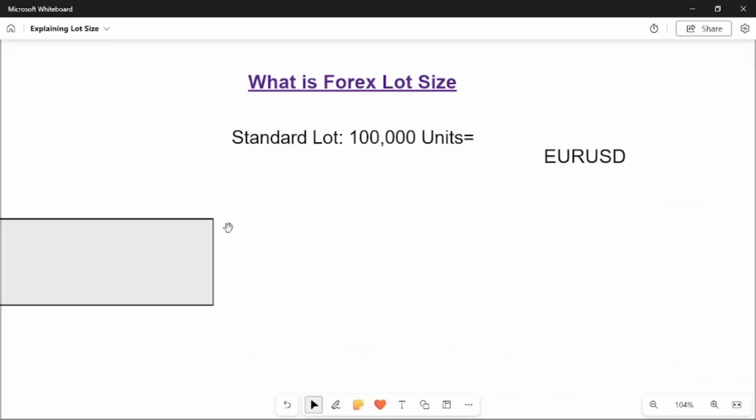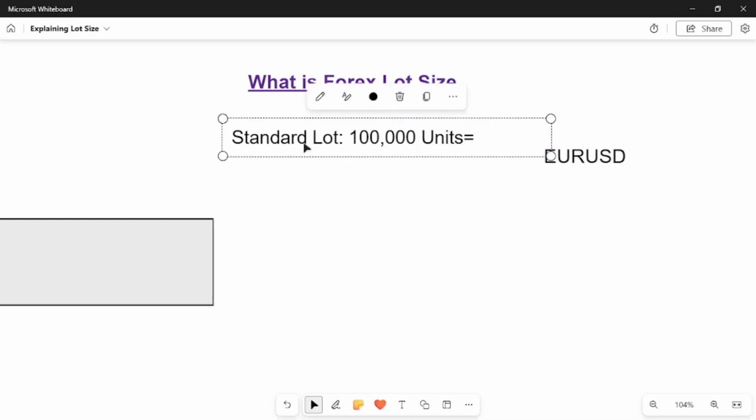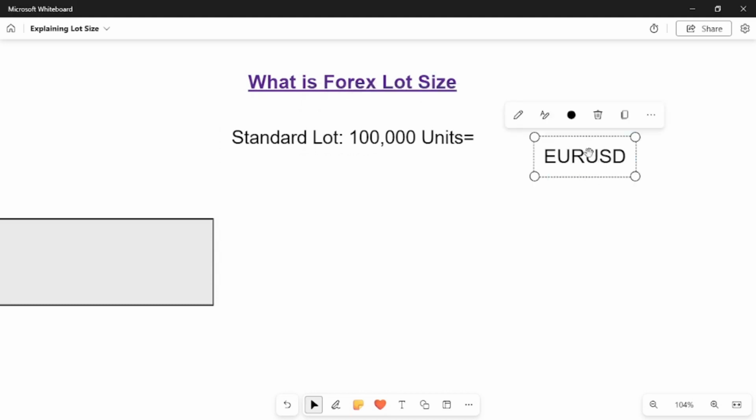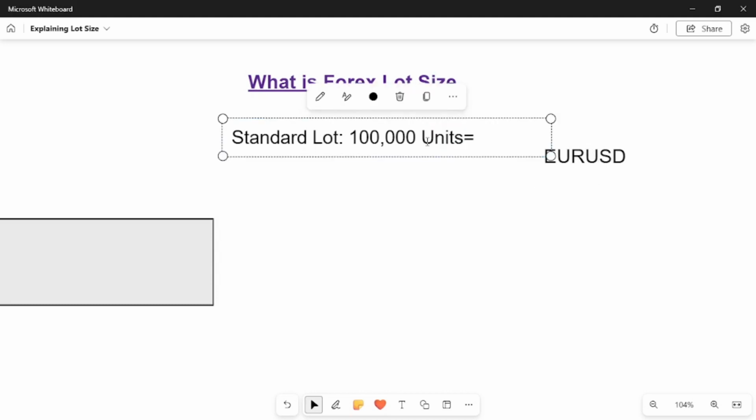So, everything you need to know about lot size. When it comes to understanding lot size, there's no specific definition for it. However, we have a general one: a lot size is the particular unit of a currency you are trading. For example, if you are trading EUR/USD using a standard lot, first let me introduce what a standard lot is.